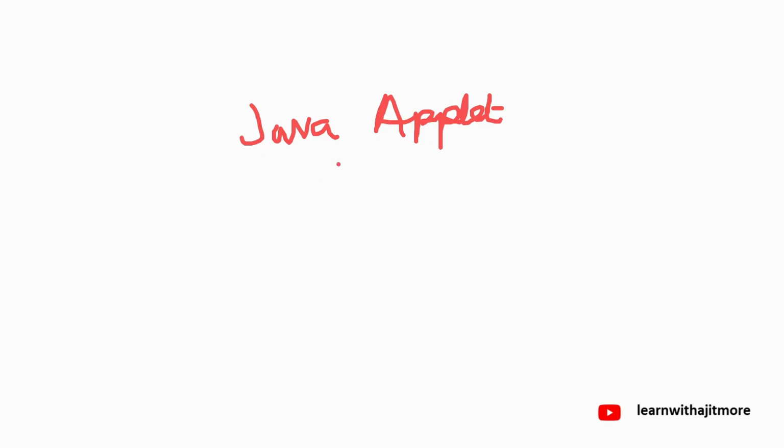So what are Java applets? They are small Java programs embedded in an HTML. In an HTML, you embed the Java applet and you can run it within a browser. And the browser, you know it, to view your HTML output, we need a browser. On the internet, we interact through the browser only.